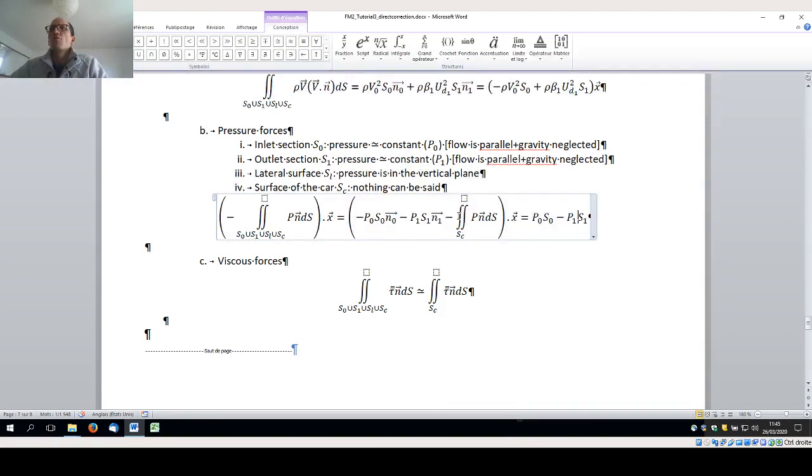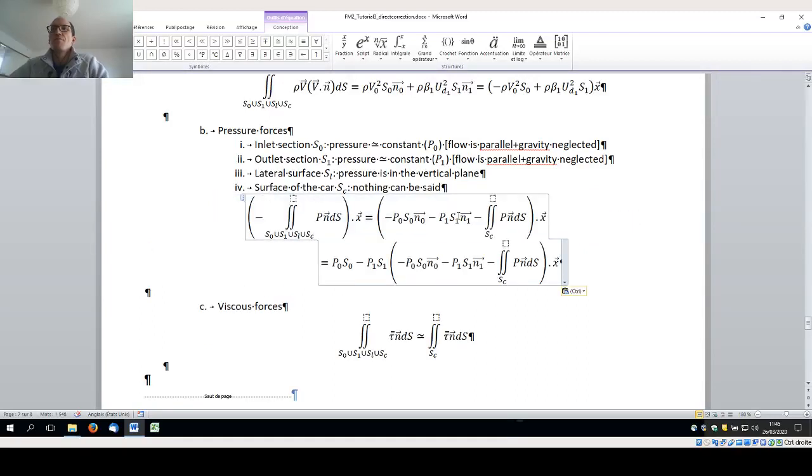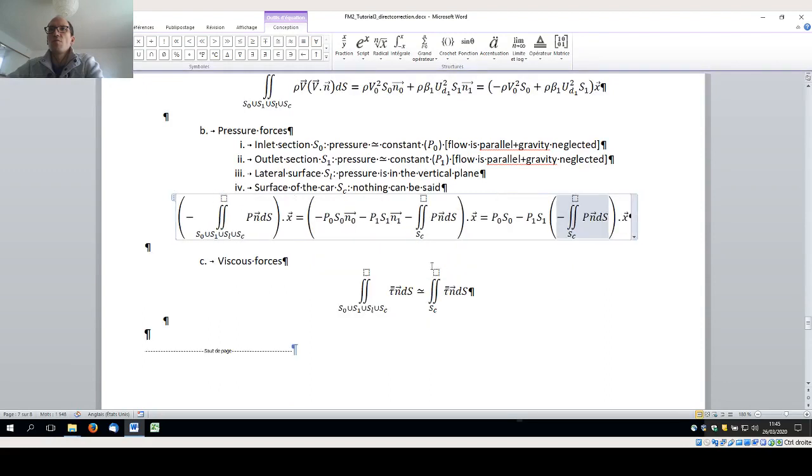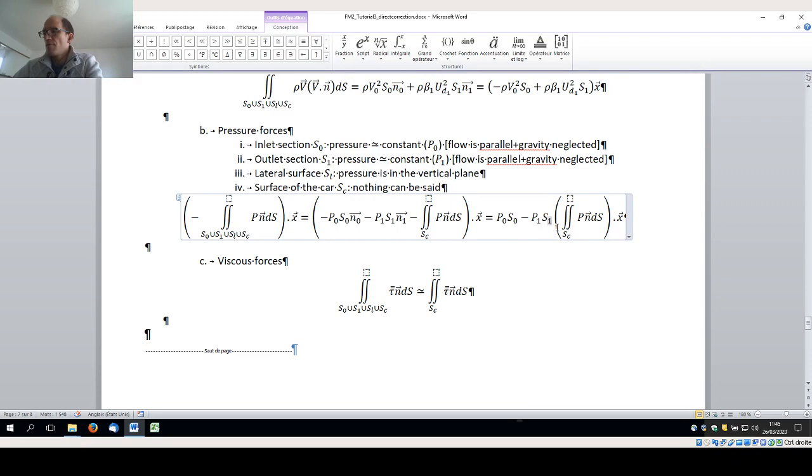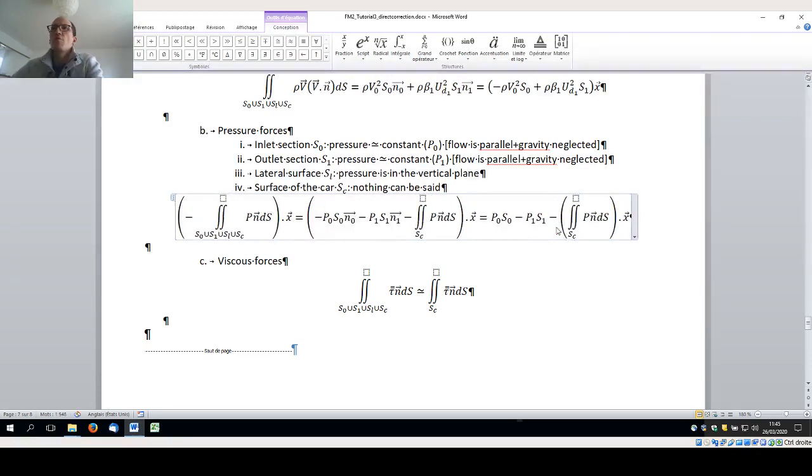Okay, plus the term exerted on the surface of the car.